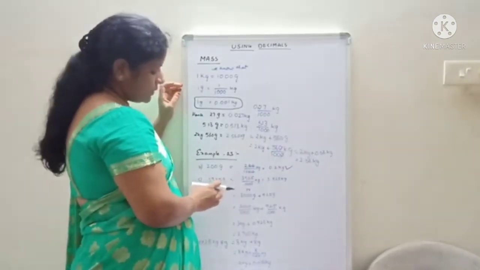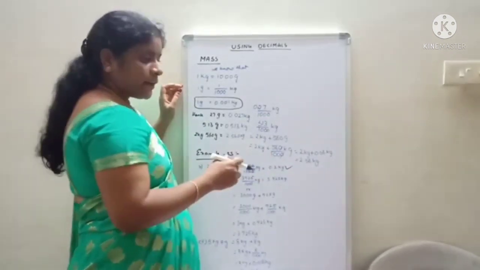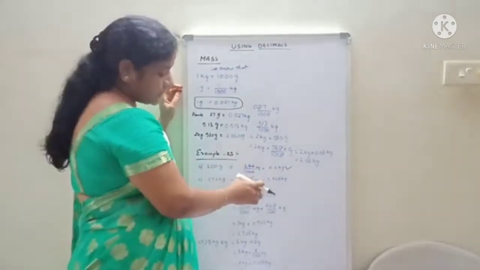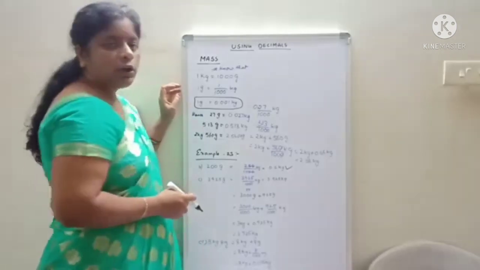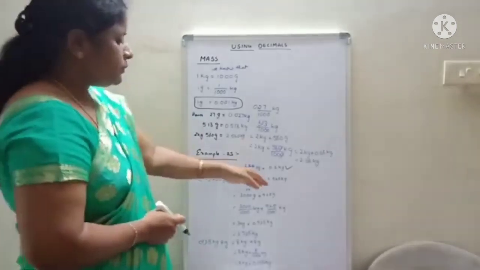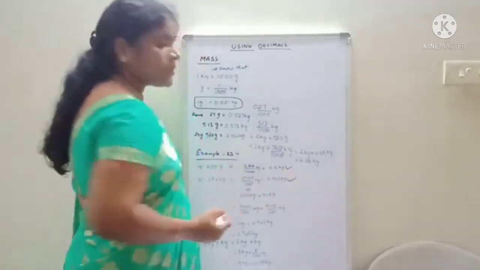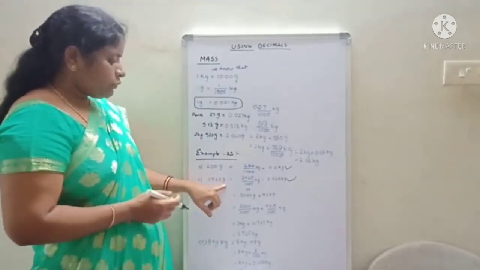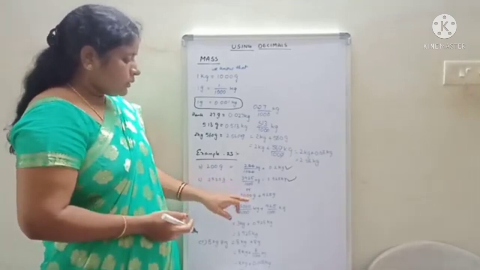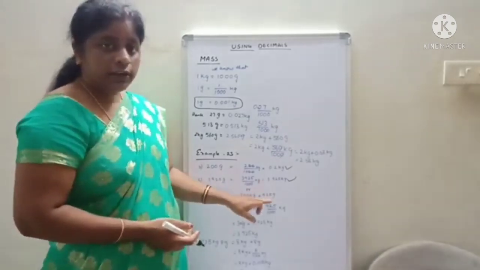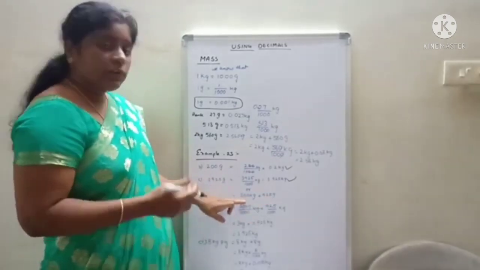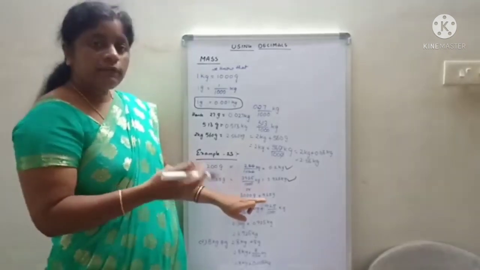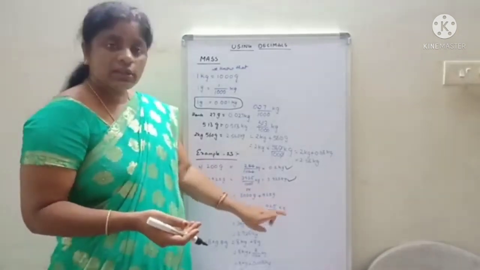3925 grams. Directly there is a shortcut: 3925 by 1000 kg. Keep the decimal point after 3 digits from right to left. We get 3.925 kg. Or another method: 3925 grams can be written as 3000 grams plus 925 grams. 3000 grams is 3000 by 1000 kg, and 925 grams is 925 by 1000 kg.